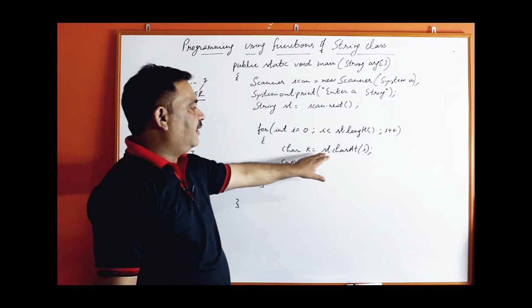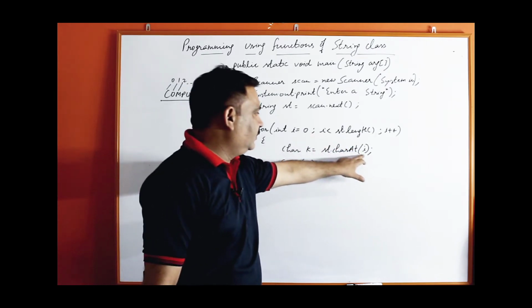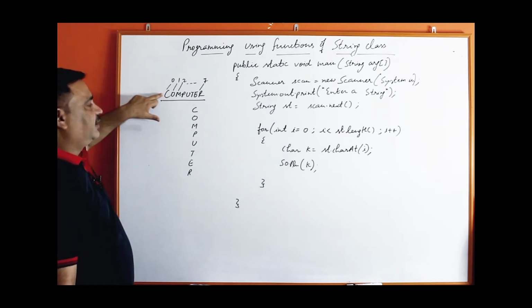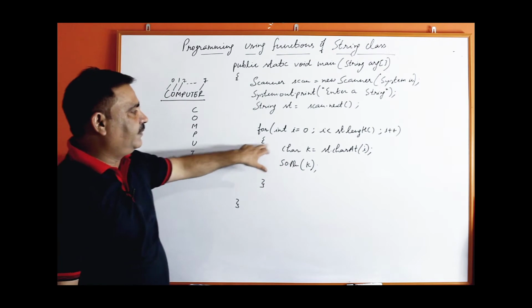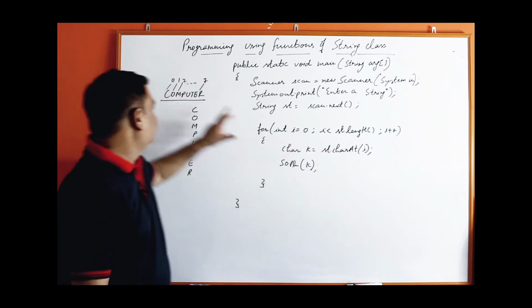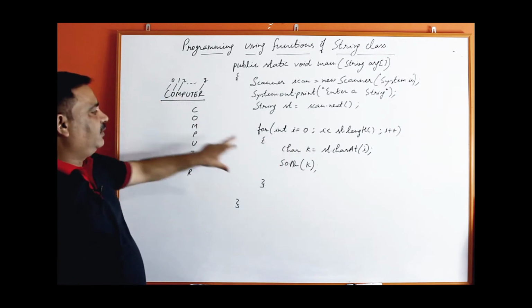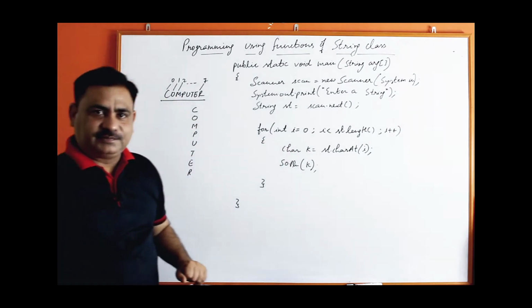And here I use st.charAt(i). First value of i is 0, so the 0th character is C, the character at the 0th index is C, so C will be printed. Second time charAt(1), O will be printed, then charAt(2), M will be printed. In such a way you can get such kind of output.